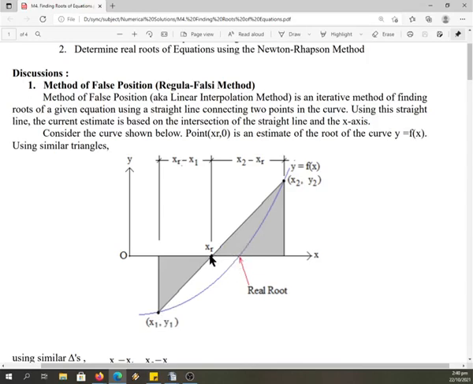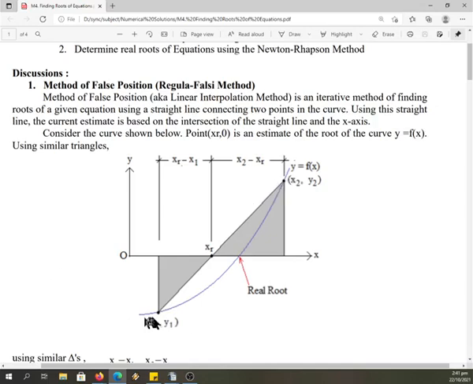Let's call the approximated root XR. XR lies along this line. This line is formed when we join two points on the curve, point 1 and point 2.